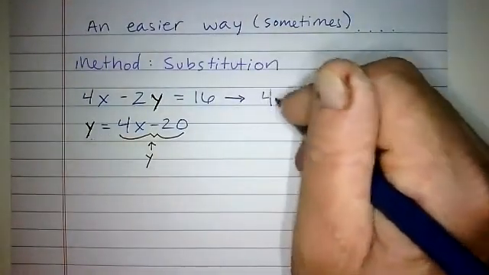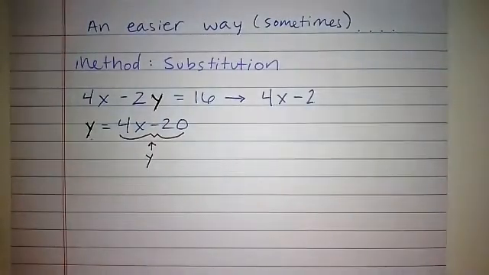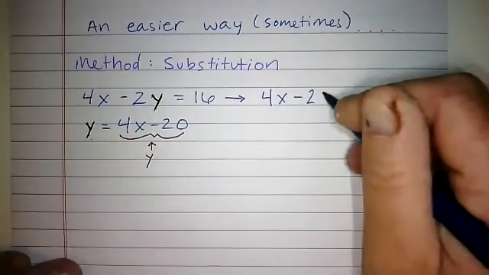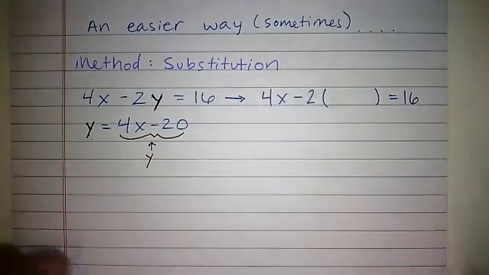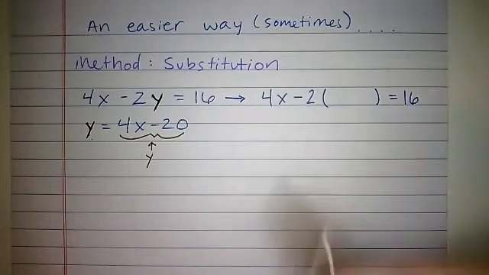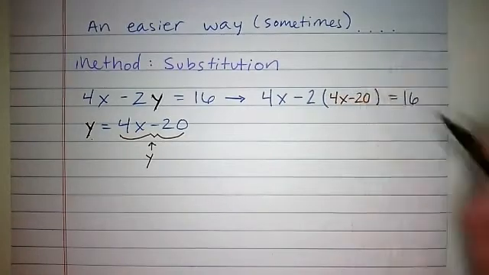I'm going to keep my top equation the same, except where there was the variable y, in its place, I'm literally going to put 4x minus 20.